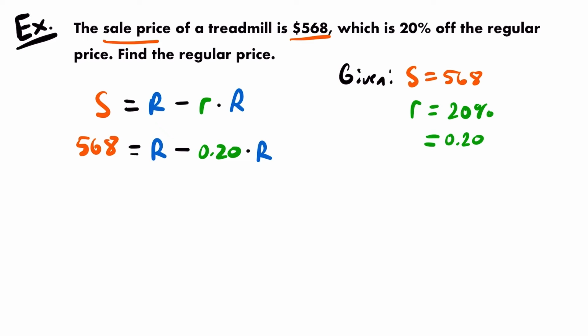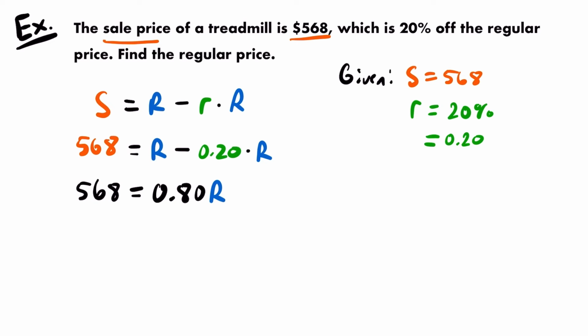So adding the coefficients, we'd have 1 plus negative 0.2, or really 1 minus 0.2, which will give you 0.8. So we have 568 is equal to 0.8 or 0.80 multiplied by the regular price r. All right, that's what we get when we combine these two like terms.